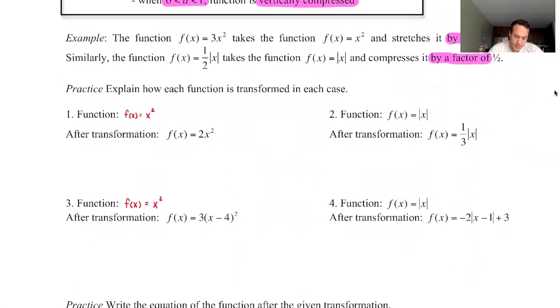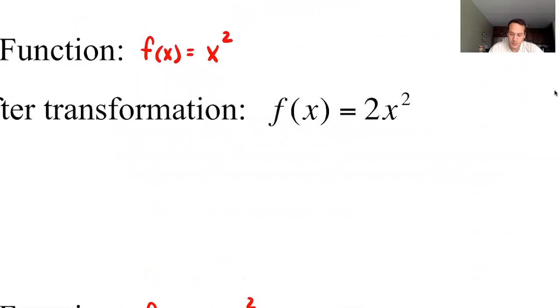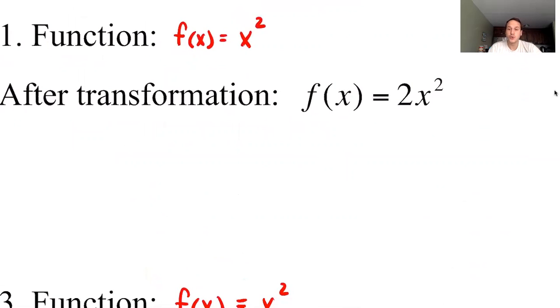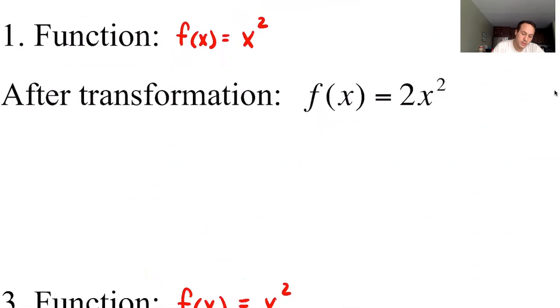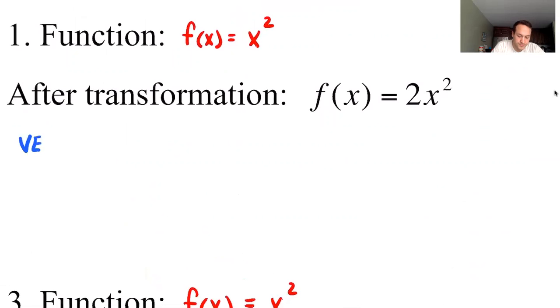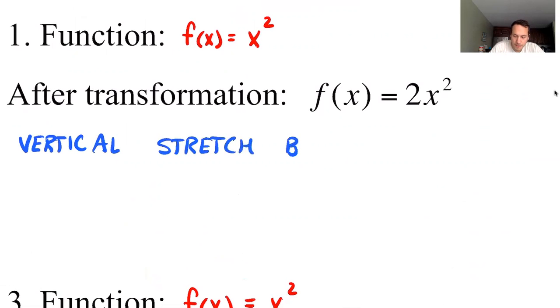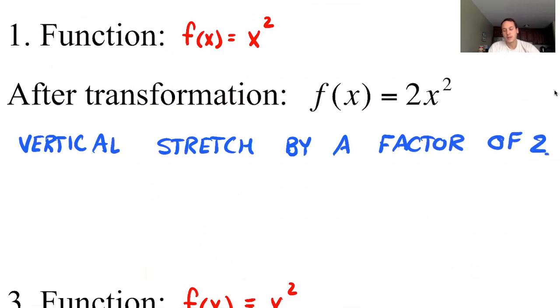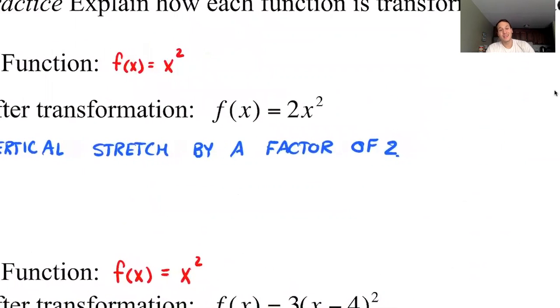If I took x squared and now it becomes 2x squared, 2 is a number that's larger than 1, so this is going to be a vertical stretch by a factor of 2. Okay, it's a little bit lengthy, but you must say everything. Don't cut steps out, don't skip anything.